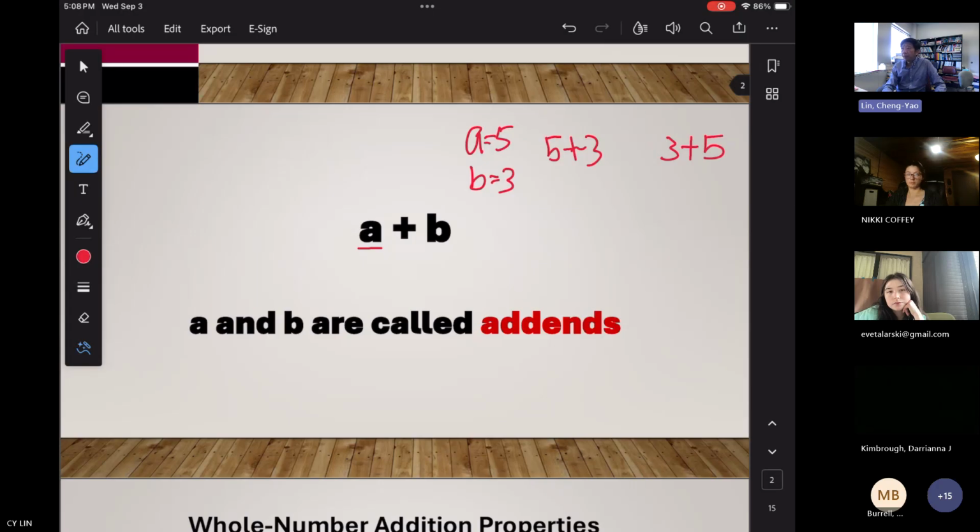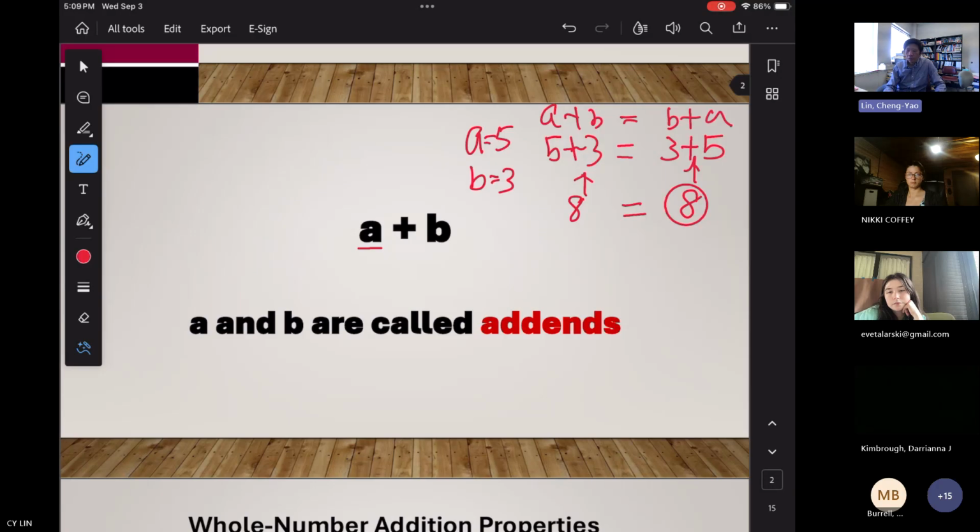We're not just giving them the formula, okay? We have them come up with the general rule, okay? So 5 plus 3 is 8. 3 plus 5 is 8. Therefore this is equal. Then from here you can say this is equal, this is equal. So therefore A plus B equals B plus A.